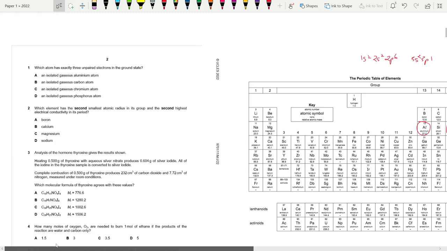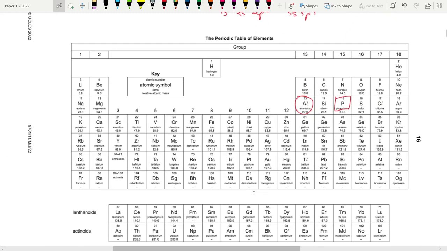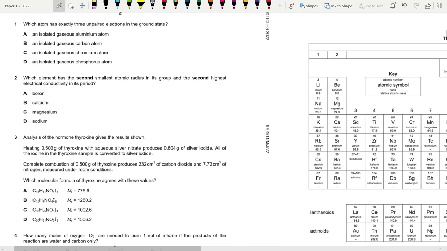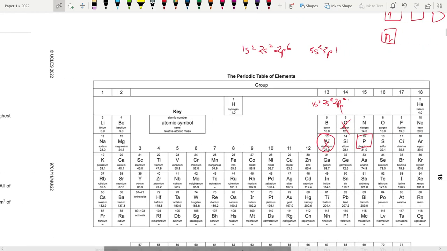So carbon. If you go to carbon, what about carbon? Carbon is 1s2, 2s2, 2p2. So it has 2 unpaired electrons. So carbon is excluded. Aluminium is excluded. What about chromium? Chromium is over here.